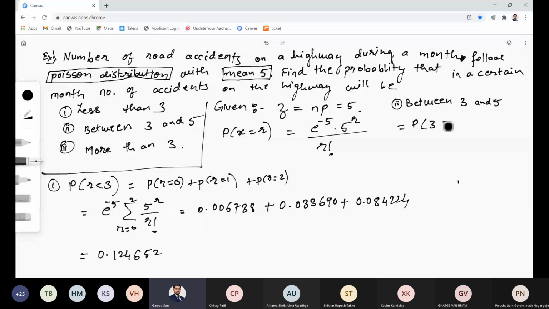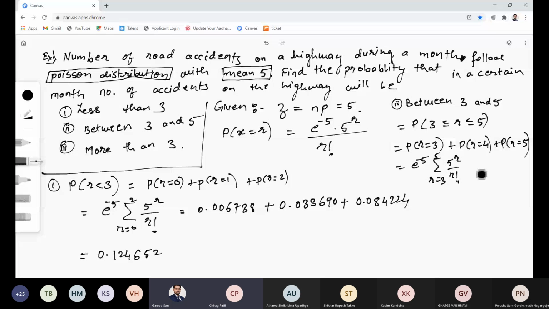So this is probability of r equal to 3 plus probability of r equal to 4 plus probability of r equal to 5. e to the power minus 5 summation 5 raised to r by r factorial, r is running from 3 to 5. And the answer for this is 0.4913.